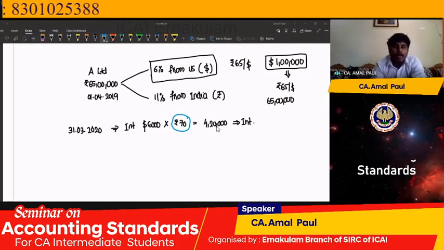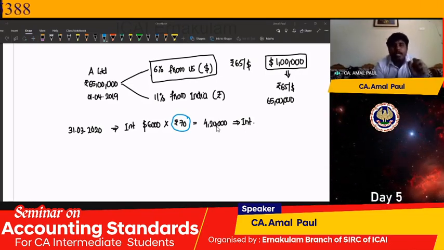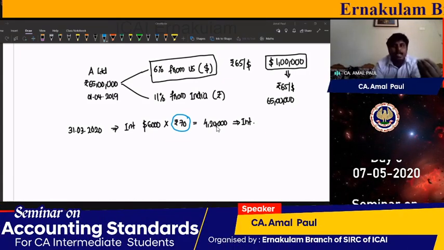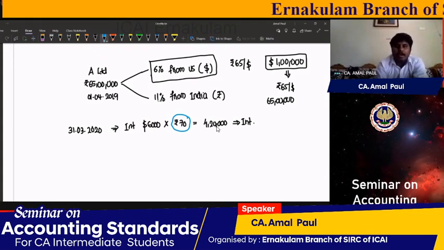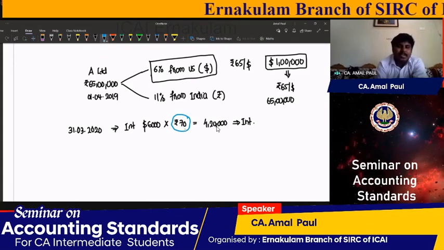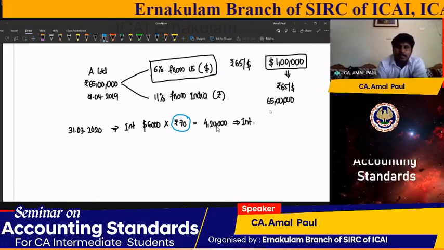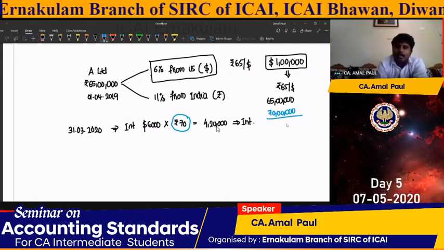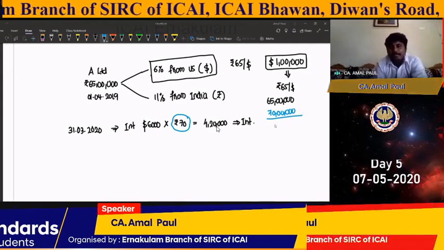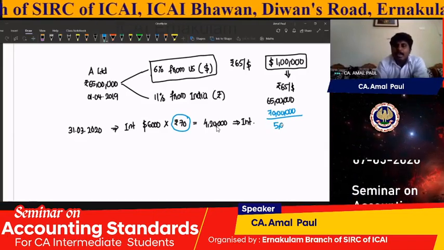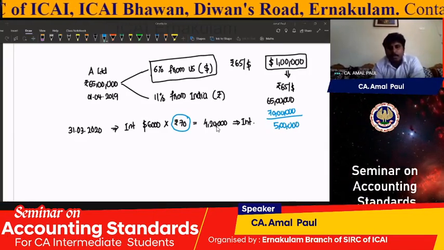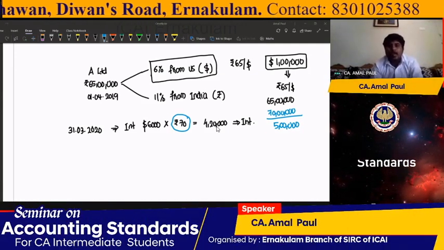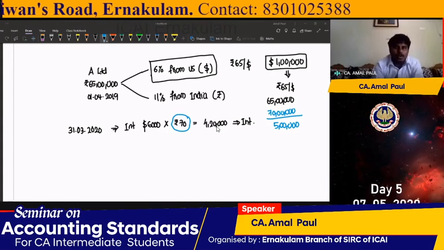Since it is a monetary item, we will restate it to the closing rate. 1 lakh US dollar at 70 means 70 lakhs will be the liability. So you will additionally incur an exchange loss of 5 lakh. Out of this 5 lakh, some amount needs to be considered as borrowing cost. That is what we are going to learn.